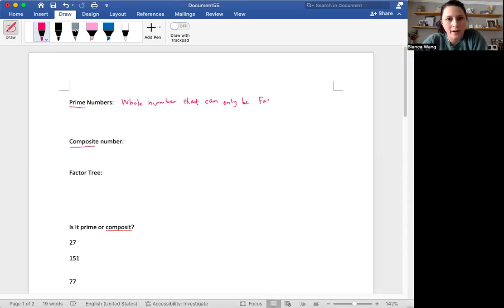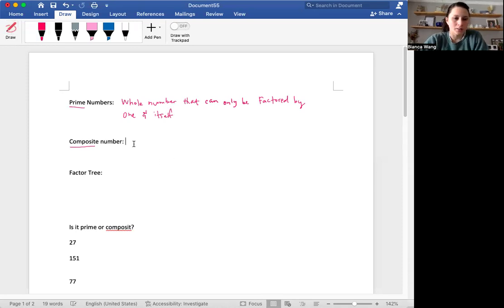I'm going to say the word factor because that's going to be a word we're going to use a lot, but that means divided, right? Can only be factored by one and itself. And I think I might type the rest out here.